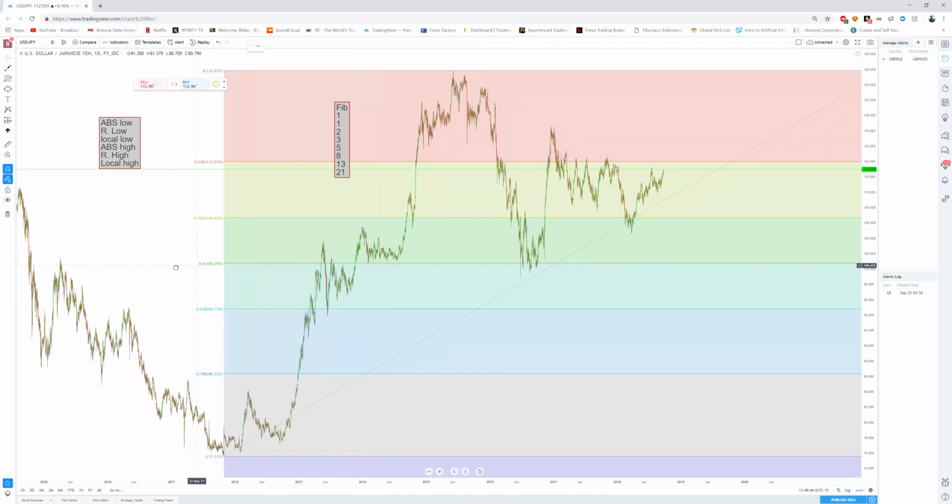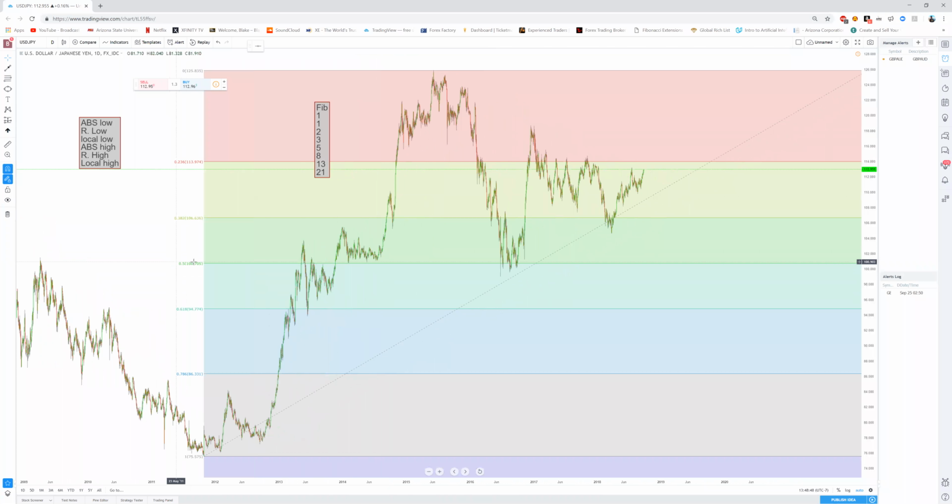So that's why we use the 0.5 only initially off of the movement. So we see that price went up, and then it came down to the 0.5 and decided to respect the 0.5 and then come up from there. So that's why we only use the 0.5 initially.